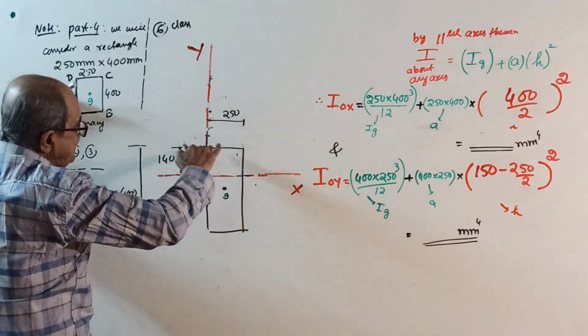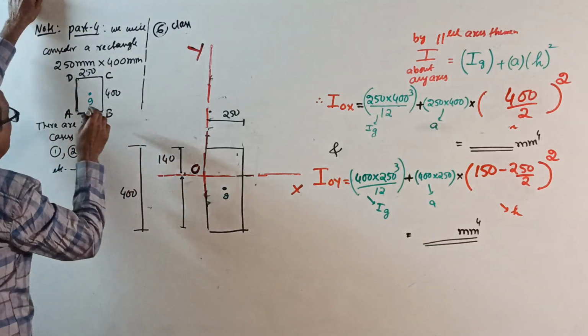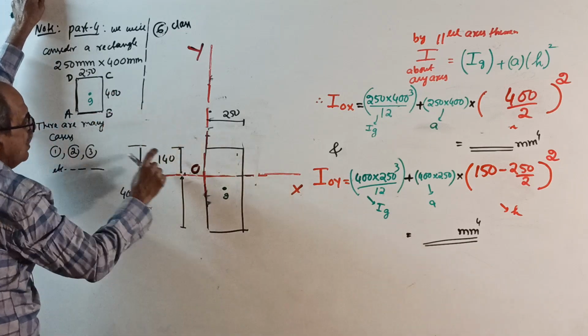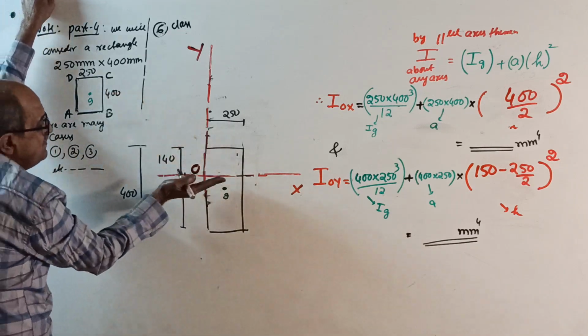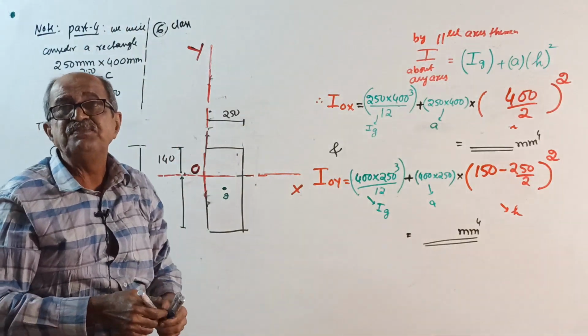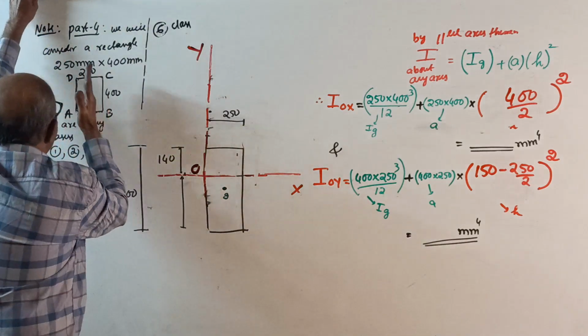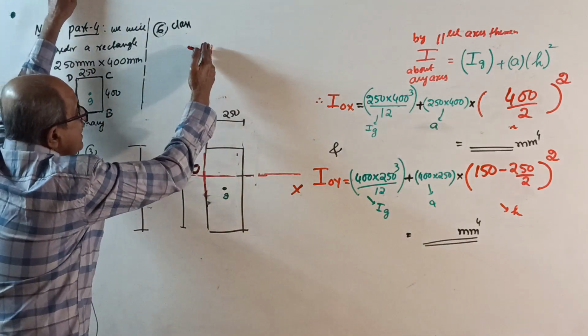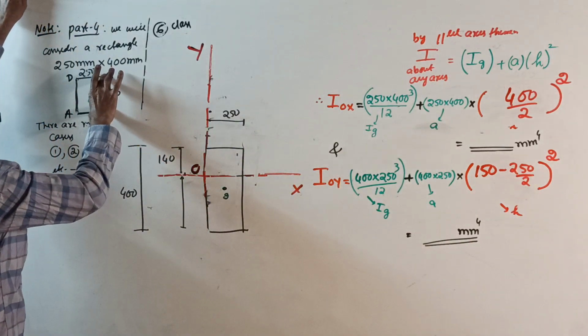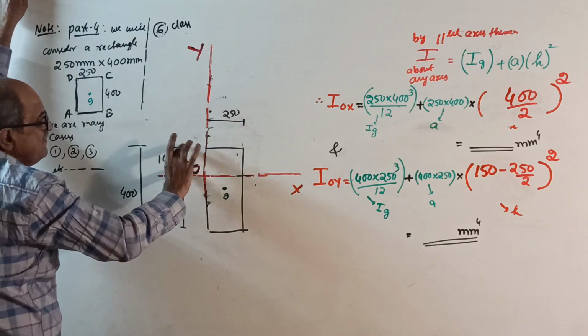Of the 400 depth, 140 mm of the depth is above OX. AD touches OY correctly, and of the depth of 400, 140 is above OX.